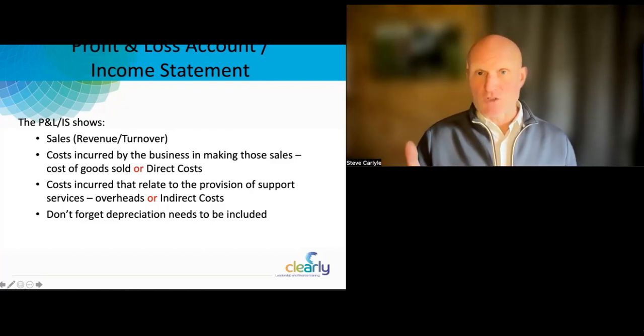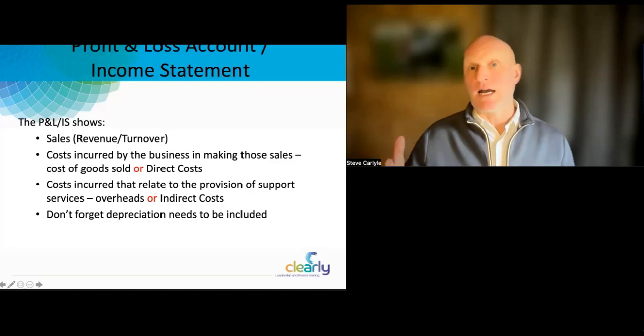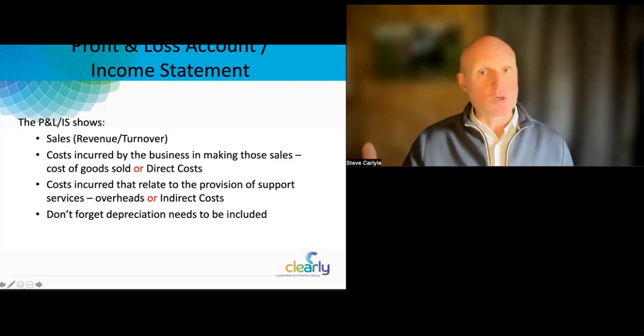Whereas in that factory, the costs of the administration offices, so perhaps they might be using computers in there, tables and chairs, desks in the offices, those depreciation costs would go as part of the overhead costs. So depreciation could go either as an overhead cost or as a direct cost. It depends what the fixed asset does that you're depreciating. Okay, so depreciation is included in one of those categories.